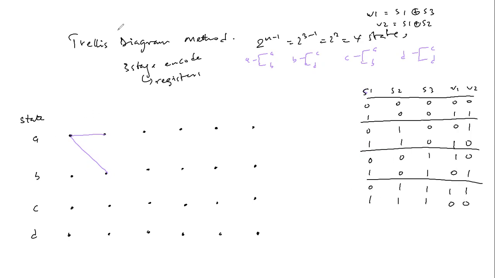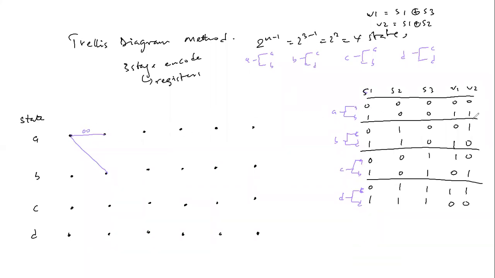So meaning from state A we can move to either A or B, from state B we can move to C or D, from state C we can move to A or B, and from D we can move to C or D. Now, when we move from state A to state A, the output is 0, 0.